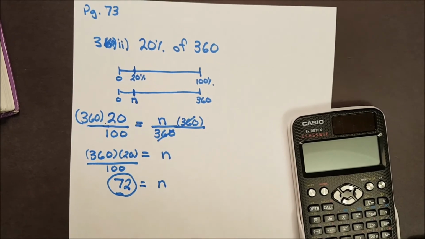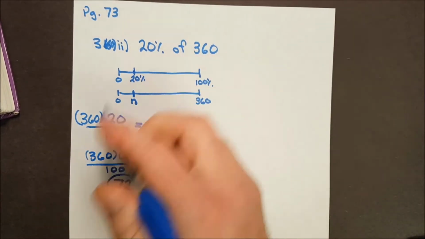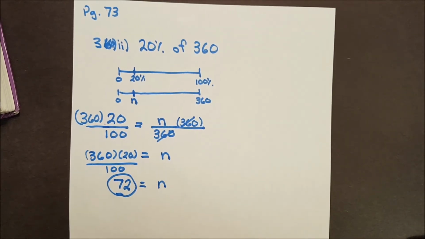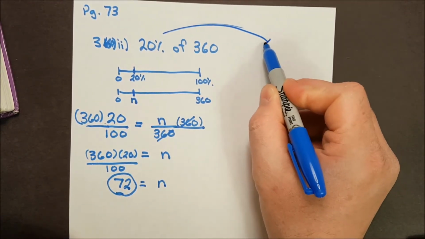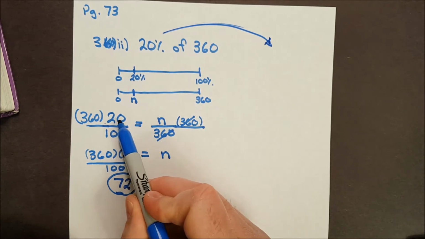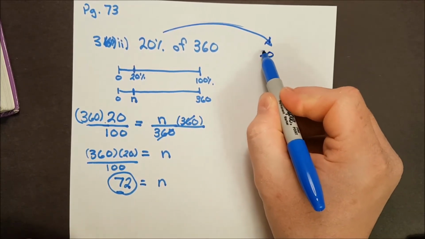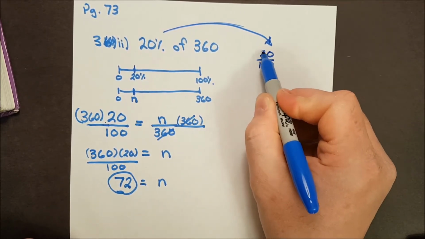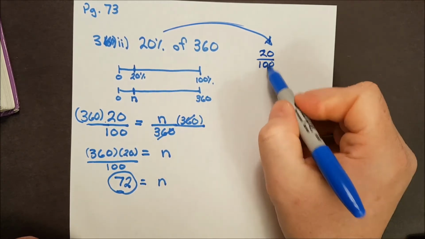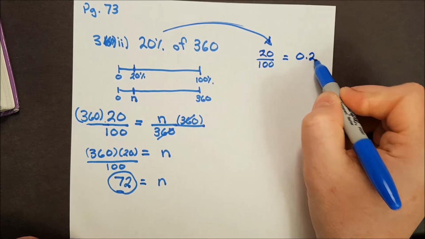We've been taking the long route to explicitly illustrate how we come to the value of n in this case. You'll start seeing a pattern here. In every instance, it's the value of the percent divided by 100. 20 divided by 100 is 0.2.